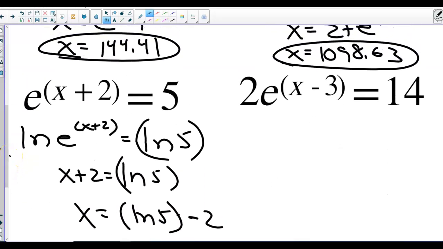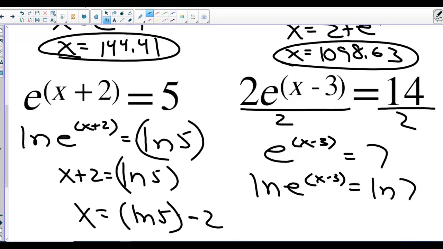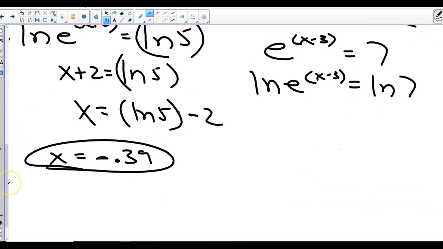Second one, we're going to get the e alone first. Don't go to the natural log until the e is alone first. Now, natural log of e to the x minus 3 equals natural log of 7. When I start moving things over, I'm going to put that natural log in parentheses.